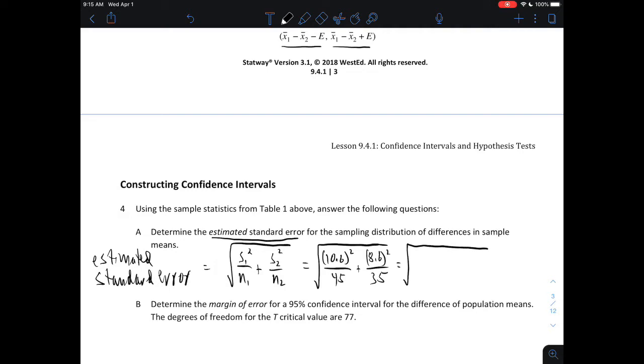So for example, if I just focus on that first fraction, 10.6 squared divided by 45, that would give me 2.496889.